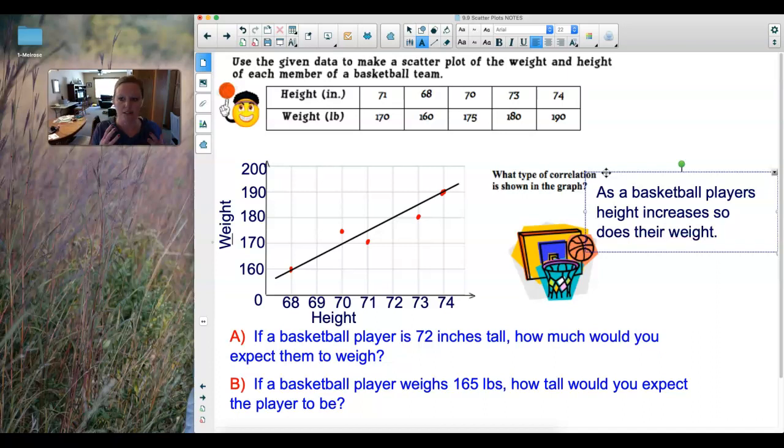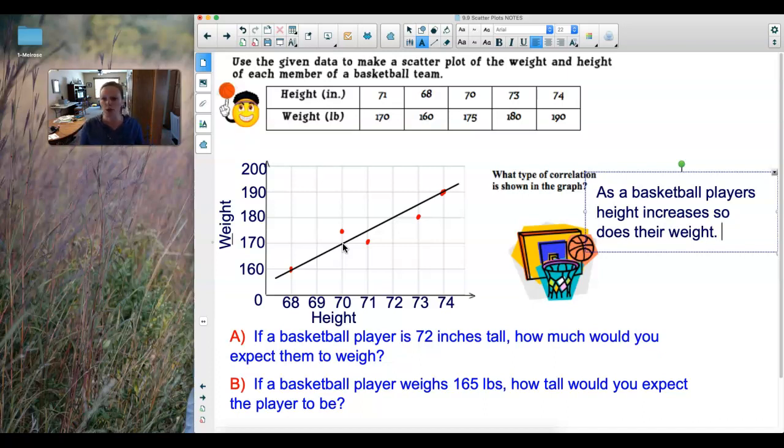Which to me makes sense, that if a basketball player is taller, most likely they weigh more. But we can see right in the middle here that we have somebody that is 71 inches tall that weighs less than somebody that is 70 inches tall. And that can be true too. Like maybe somebody's just really tall and scrawny. And then we have somebody else who is like buff, and so they're gonna weigh a little more.